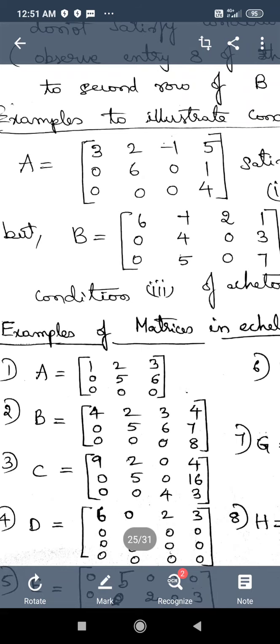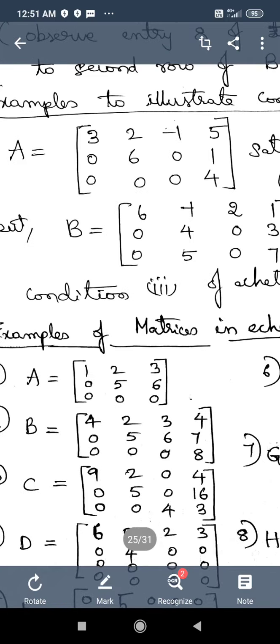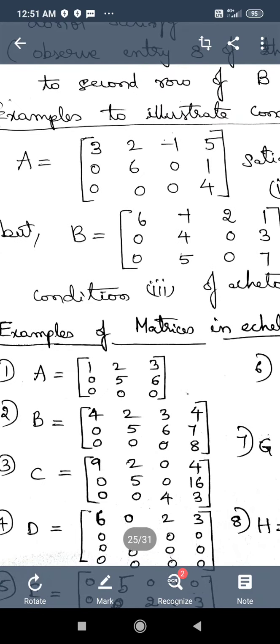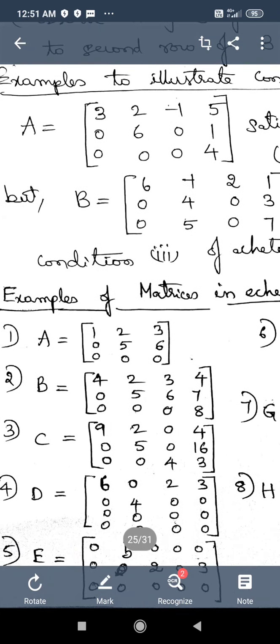And the second condition is also satisfied because every leading element is present in the column to the right of the previous leading element's column. We can also see that the elements below the leading elements are zeros. That is how the matrix C is also in echelon form.